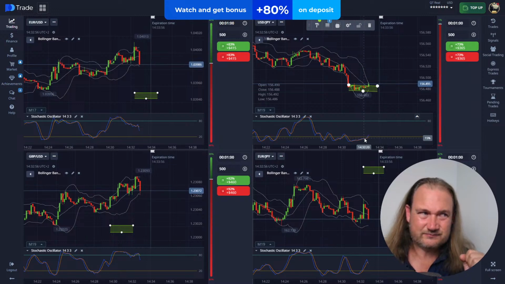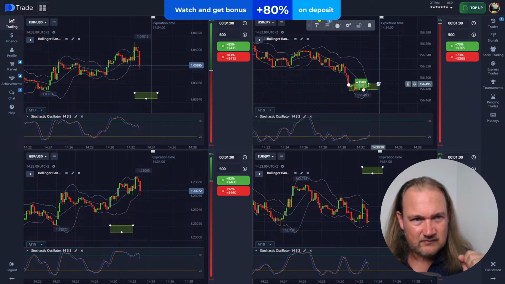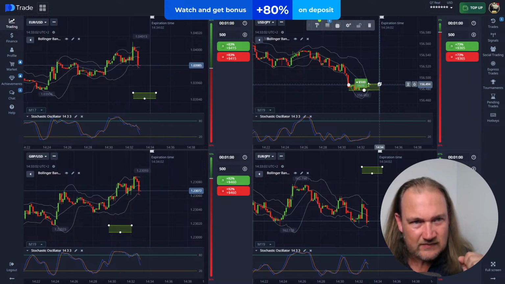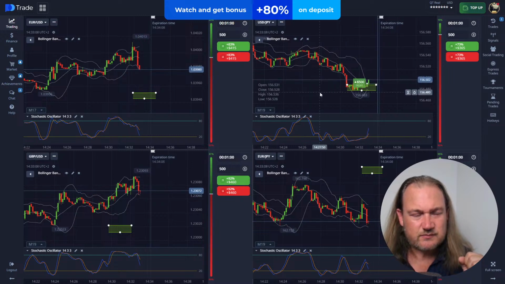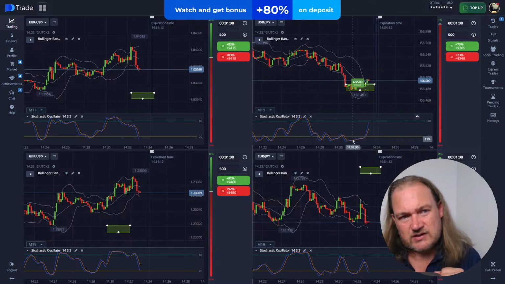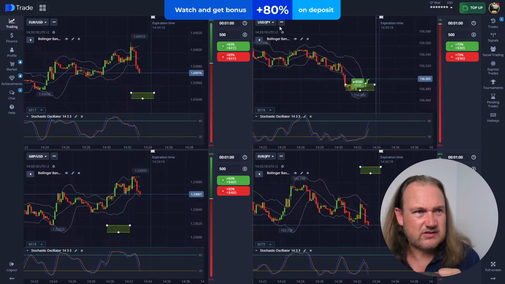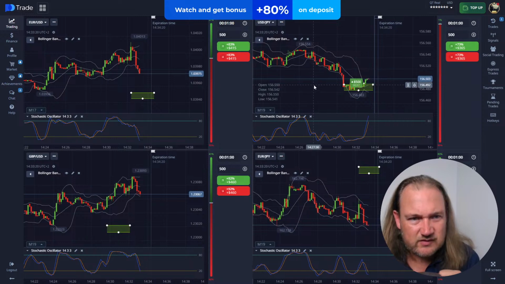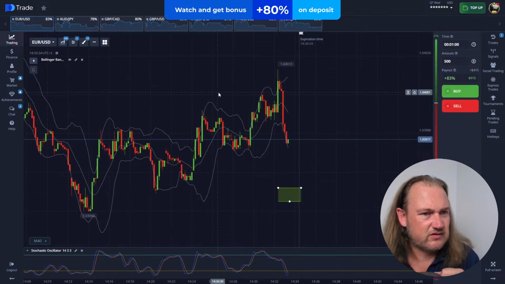Kind of did. Let's go with it. I really want to get a good example of this while we are doing the stream. Okay, so this was really faint. We can see the stochastic move up, the K line. I wonder if I can make this bigger. Let's just see if we can make the chart a bit bigger and have a good look at it.